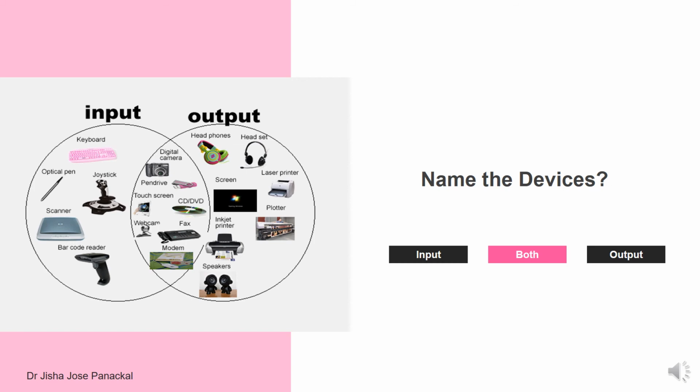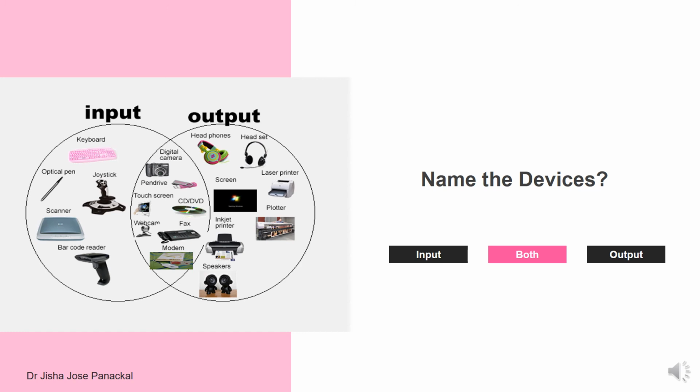A plotter is similar to a printer, but we will see the difference between printer and plotter while we are studying output devices. And some of the devices can be used as input as well as output devices.